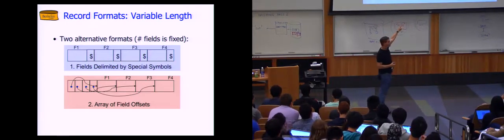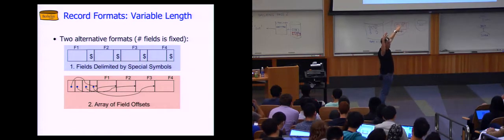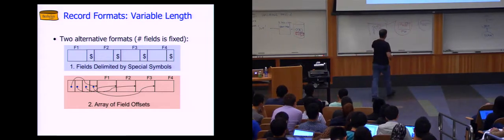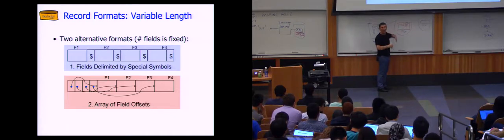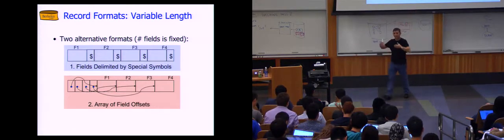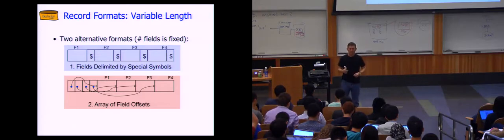So I think you're right, there's a little bit of a bug in the slide. Without an end of record pointer or some higher level thing that tells you where the records are in this file, you can't figure out when F4 is done. In fact, that end of record pointer lives at this level. It's going to tell us where the tuples are and how long they are up in the page directory. But somehow, somewhere, you need to know the length of F4 or the length of the whole tuple. Good question.